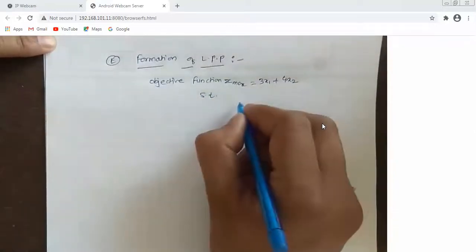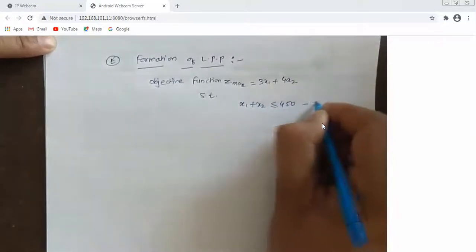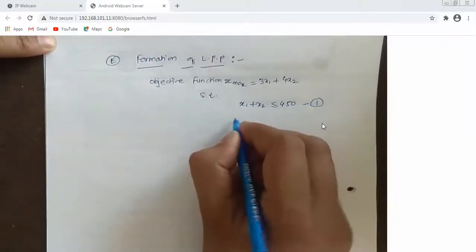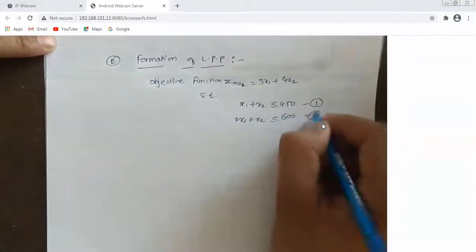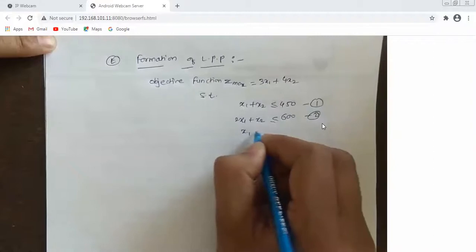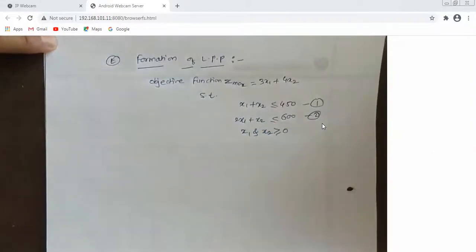What are those constraints? x1 plus x2 less than or equal to 450. This will be our equation number 1. And the second equation is 2x1 plus x2 less than or equal to 600. This is equation number 2. And the third constraint, that is the non-negativity constraint, x1 and x2 are greater than or equal to 0.